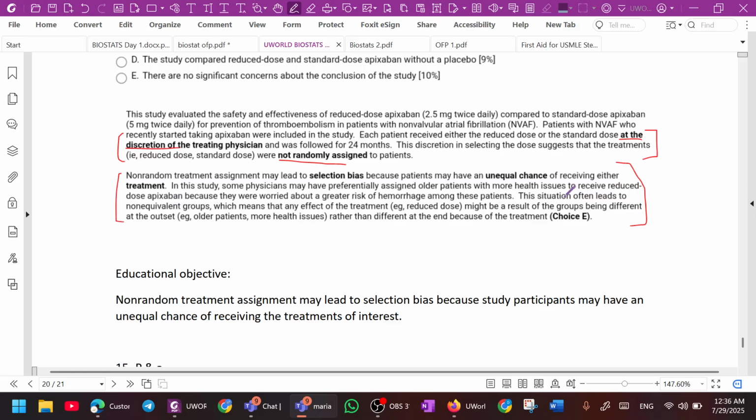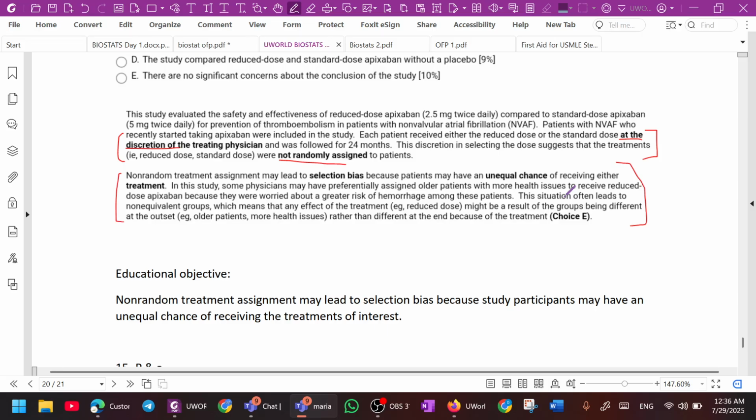The study evaluated the safety and effectiveness of a reduced dose apixaban compared to a standard dose apixaban 5 milligram twice daily for prevention of thromboembolism in patients with non-valvular atrial fibrillation. Patients with non-valvular atrial fibrillation who recently started taking apixaban were included in this study.